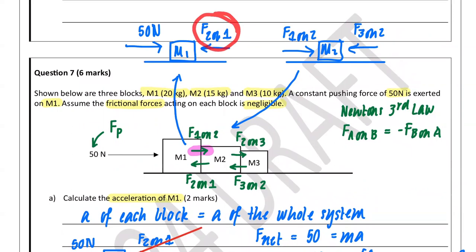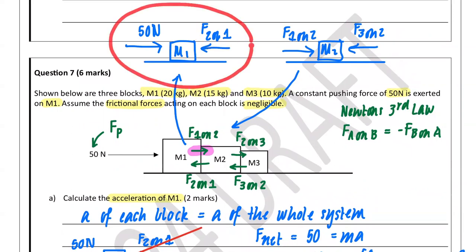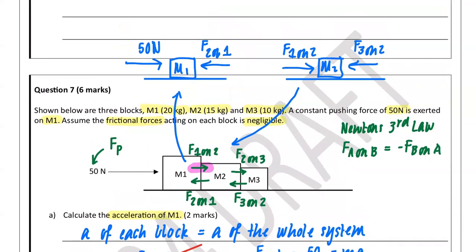So we can still solve for this and it will give me the correct answer. In this free body diagram we have two unknowns, but we only have one unknown for this one. So therefore, I am going to opt to do free body diagram 1.